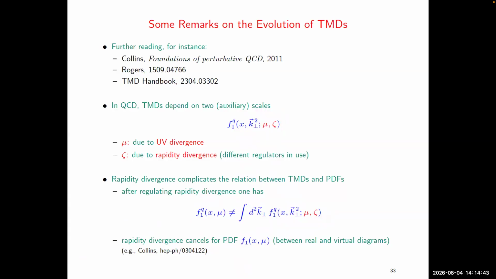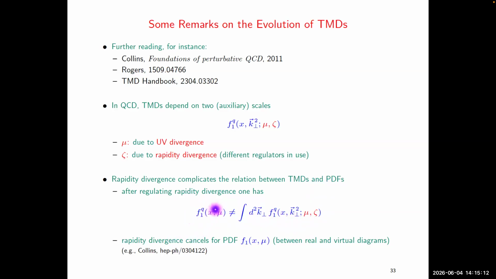Once you have such a definition, the intuitive thing which you would expect, integrating it, does not give you the corresponding PDF. If you first regulate all these divergences and then you integrate over k-perp, you're not getting back to the integrated PDF. That's an important technical point that needs to be taken into account.